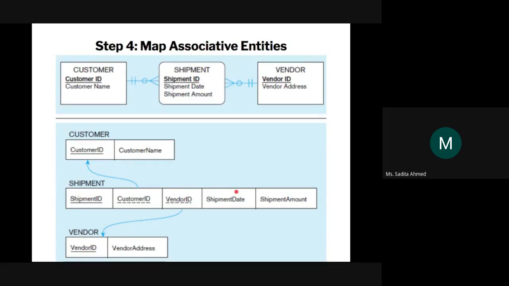And then what? All the references to other entities we use as foreign keys. That's if it doesn't have a primary key, that's if it has a primary key. So first and foremost, we create a new relation. We place all the attributes in the new relation, and then we bring the primary keys of the entities which this associative entity is associating as references.